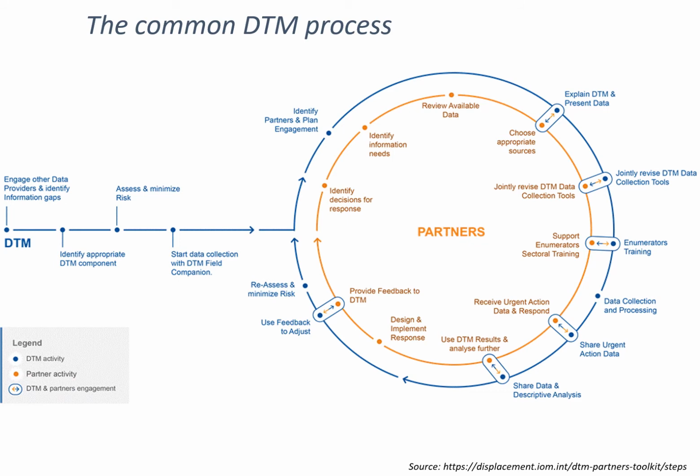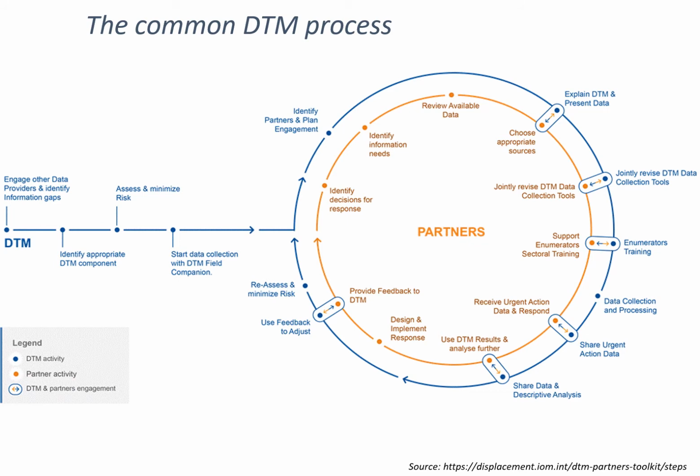DTM works, as many of the other actors and partners do, through an assessment process that DTM calls the common DTM process. Work done by the working group on useful and usable data under the Grand Bargain identified that most processes that actors in the humanitarian world use go through the same steps.